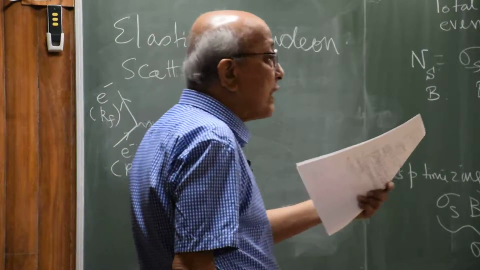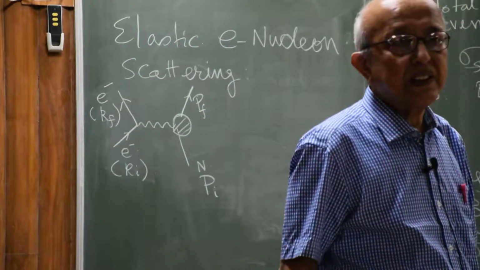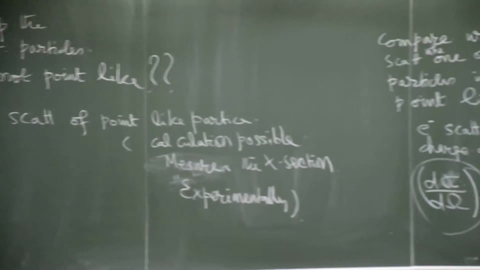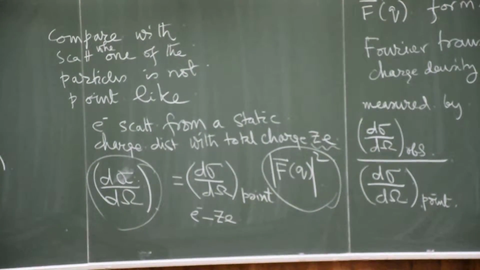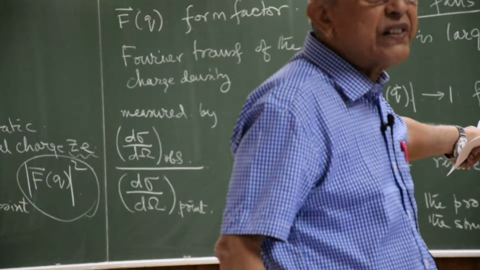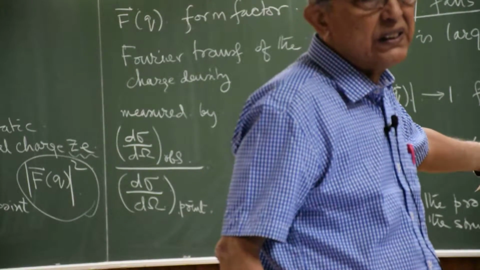Now from the calculation of yesterday, you can immediately guess that we are going to introduce a function. Unfortunately, this function will not be calculable as we did in the last case, where we could calculate the function as a Fourier transform of the charge density.